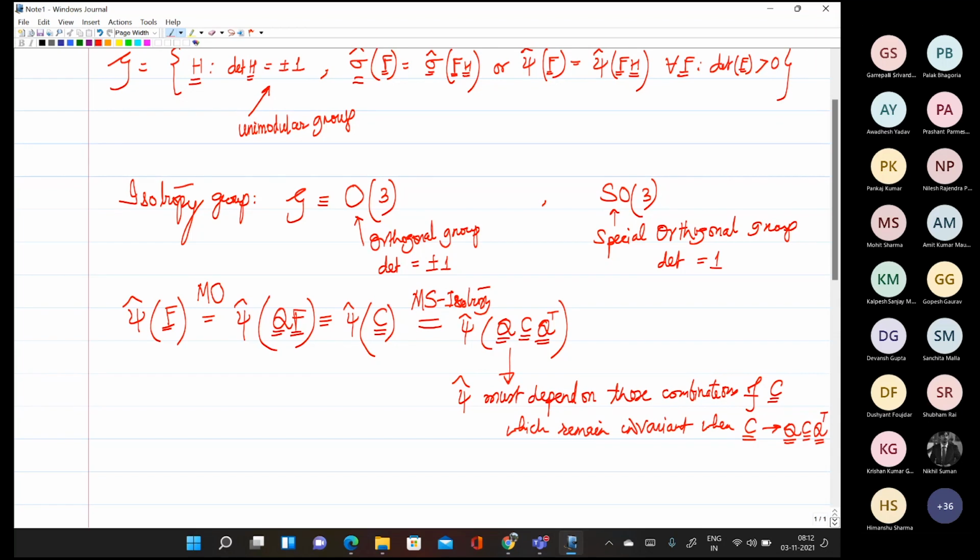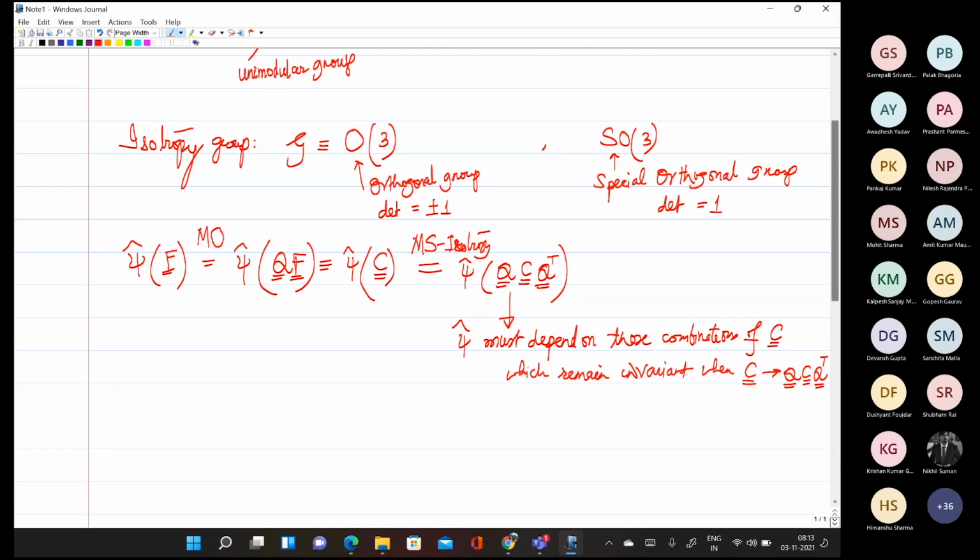Okay, so can someone think of what those invariants are? Determinant. So Nikhil says determinant and trace of C. Yes, that is very good.